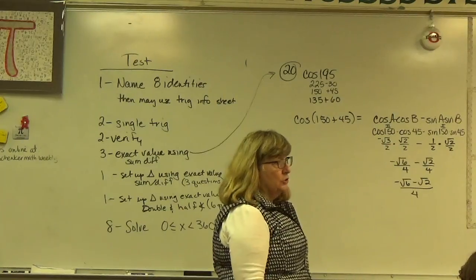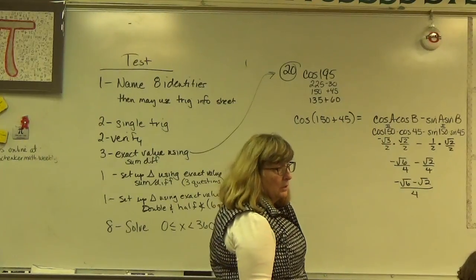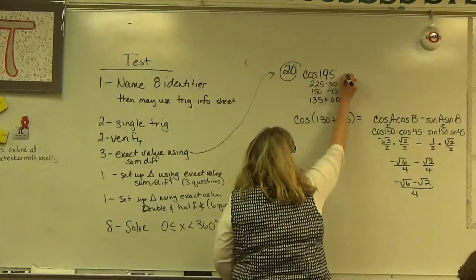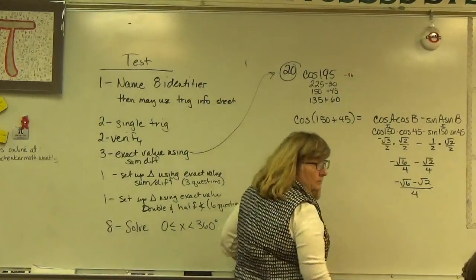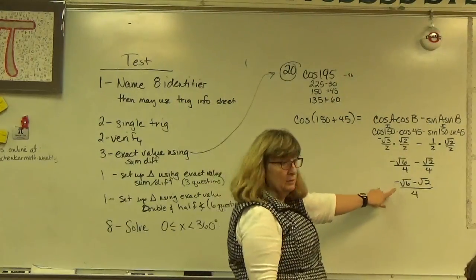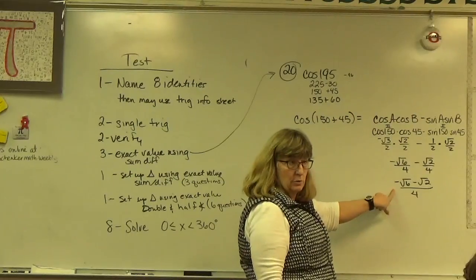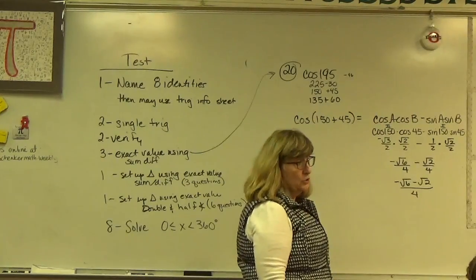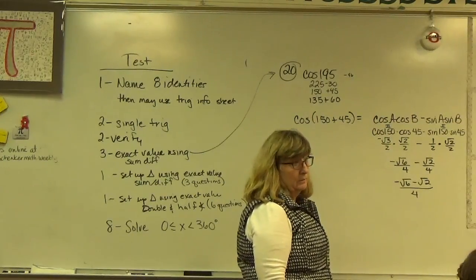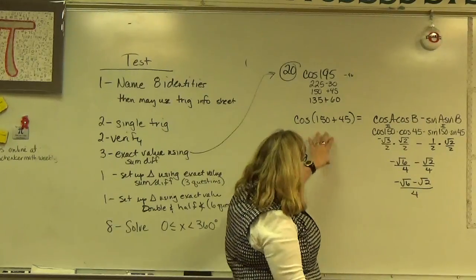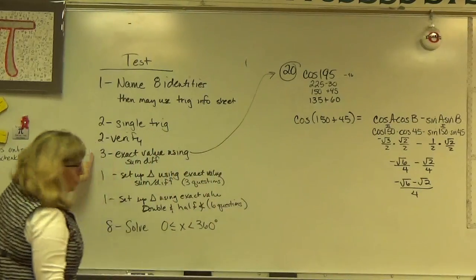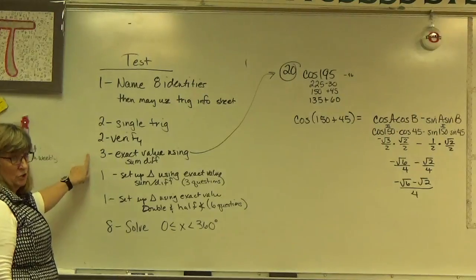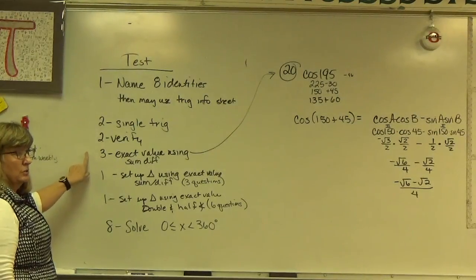Cosine of 195, what'd you get? Negative 0.965. Okay, anybody have this done? Negative square root of 6 minus square root of 2 over 4 is the same thing. So it should be the same thing. So this group right here, there's no reason for you to miss them. You should check your answers to make sure it matches.